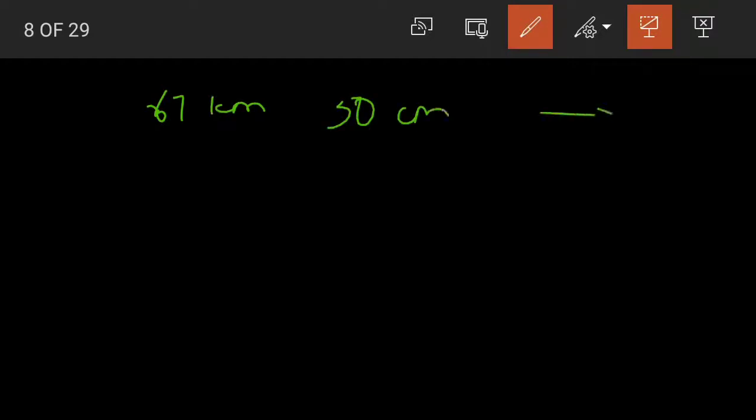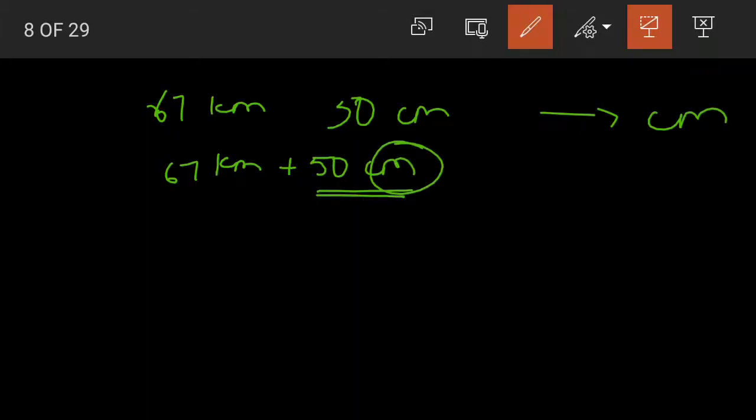Yes, 67 kilometers and 50 centimeters. We have to convert it into centimeters. This can be written as 67 kilometers plus 50 centimeters. Now this 50 centimeters is already in centimeters, so we need not convert it again. We'll keep it as it is, 50 centimeters.